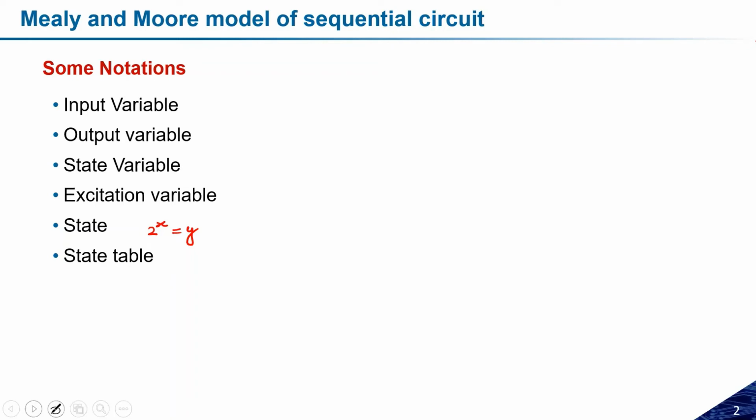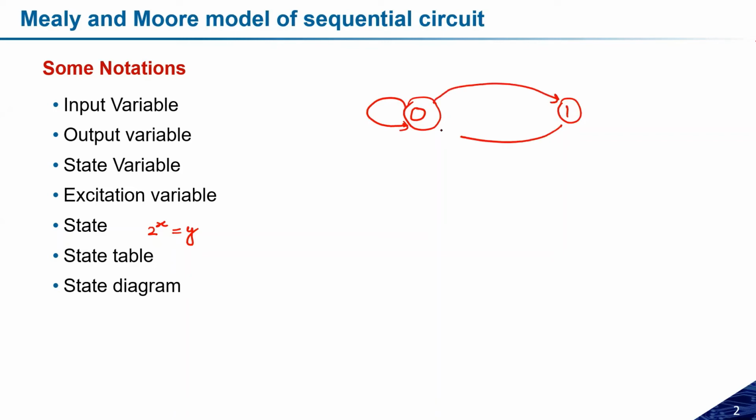Next, a very important parameter is the state diagram. What is the state diagram? Generally, states are represented by their binary equivalent values. Whatever the state, we can have either state 0 or state 1. If we recall the state table for any flip-flop, we can have Q with two states, either 0 or 1, and based on that we saw what will be the next output and what will be the next input. We saw this kind of structure in the previous lectures.